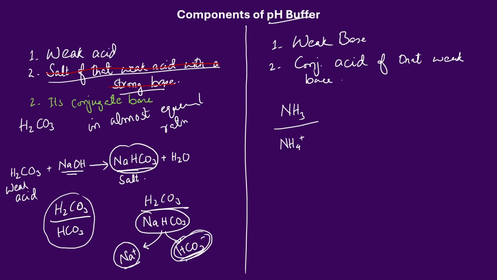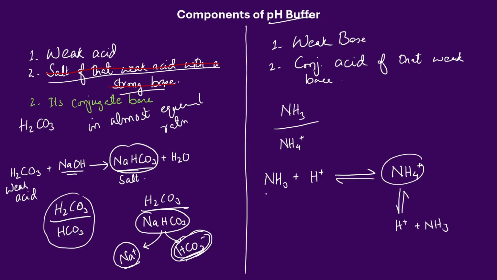Now, as I've told you about the weak acid, that when it dissociates it forms a conjugate base, similarly, when a weak base accepts a proton, for example NH3, it forms NH4 positive, and this NH4 positive can again release the proton to form NH3.